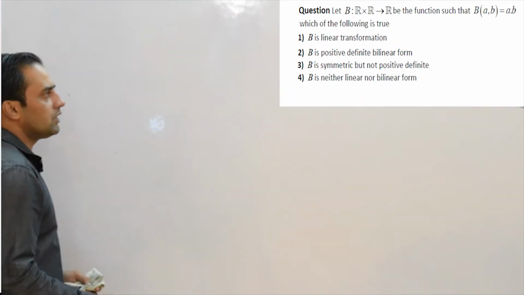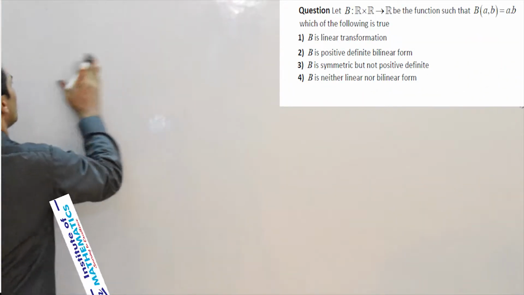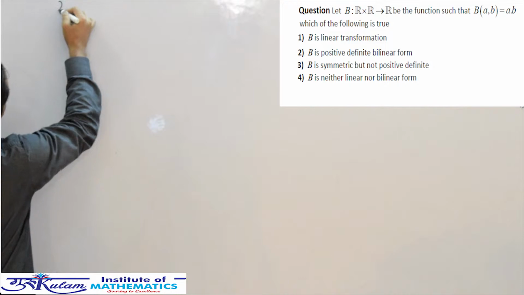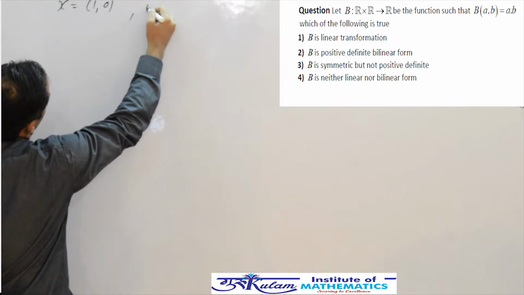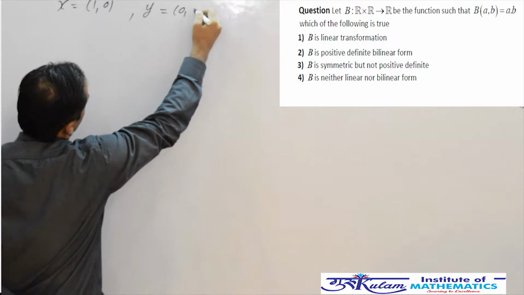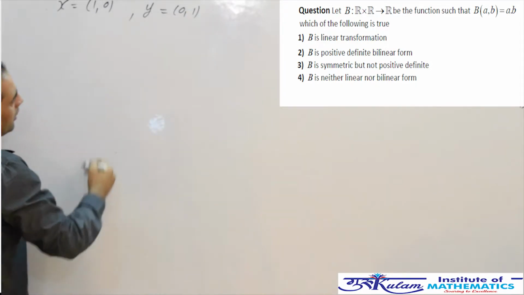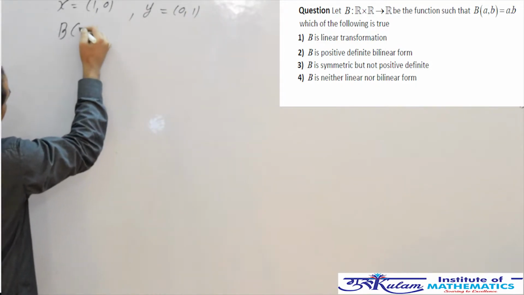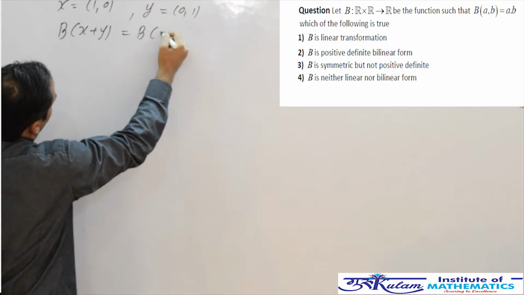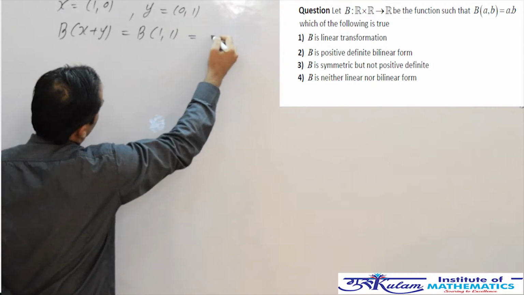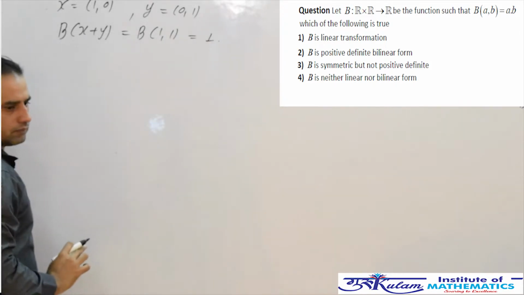By the definition of linear transformation, if we simply take x equal to (1, 0), which is a member of R cross R, and y equal to (0, 1), which is again a member of R cross R, and find the image of x plus y, which is B of (1, 1), which is 1.